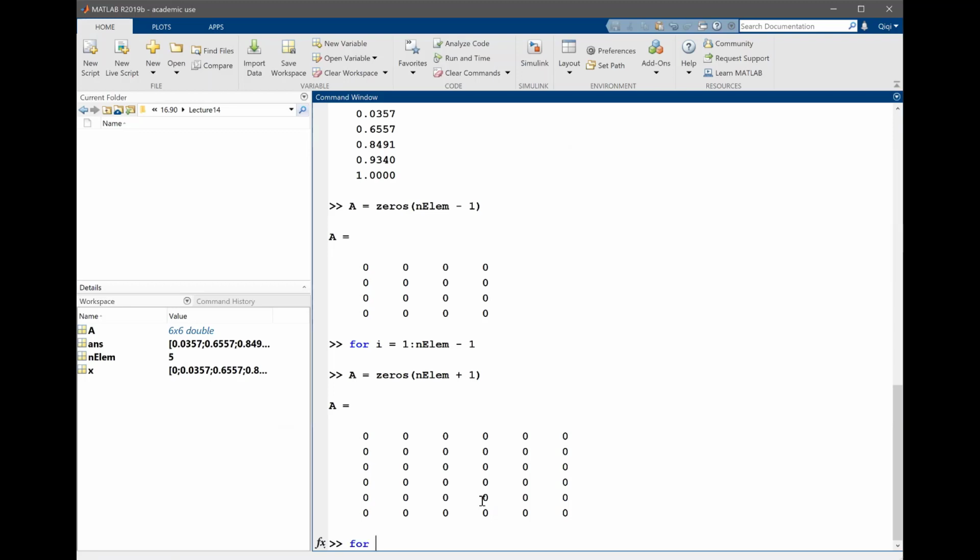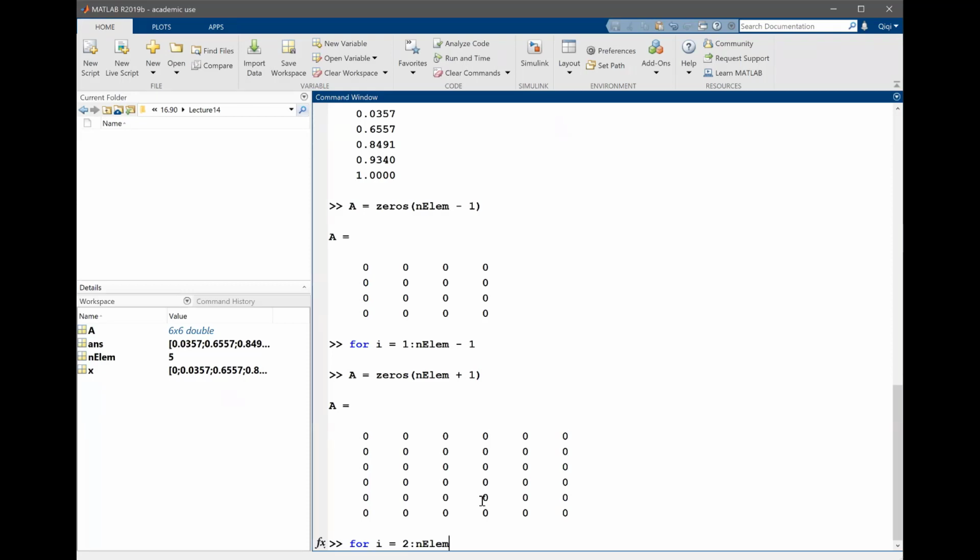Otherwise, the indexing is a little bit weird because we are going to be using a different indexing from before. So the loop is going from 2 to n elements, so that's n elements minus 1 items.